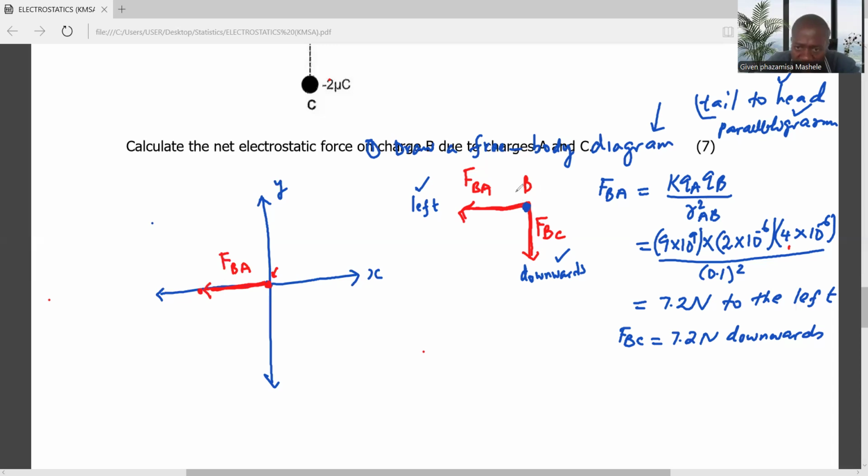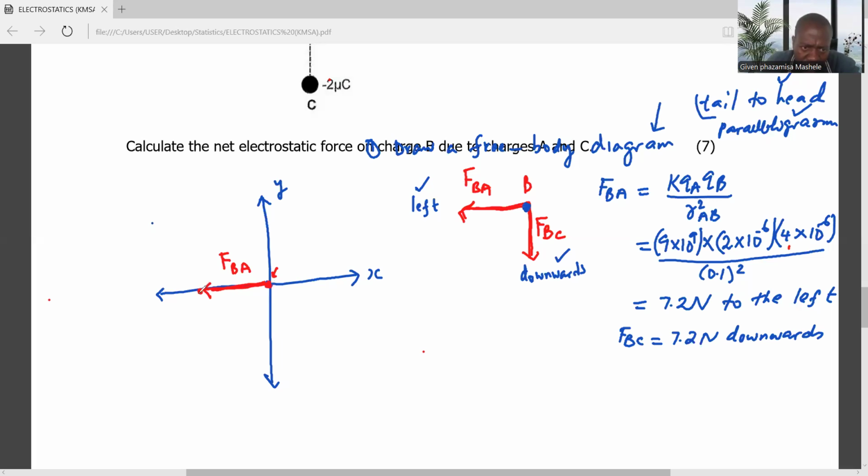So now, what is the next force? The next force is the one that is moving downwards. I believe you guys are following. So you see, I've started with the one to the left, tail to head.